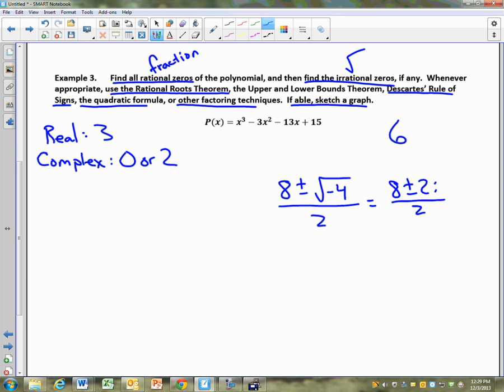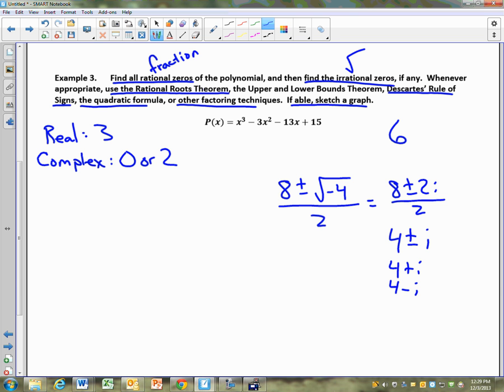You can divide both those by 2. 4 plus or minus i. So you have a solution of 4 plus i, and a solution of 4 minus i. See how it works on a quadratic formula that you have plus or minus? Therefore, that imaginary part, you'll always have a positive and a negative part of it. That's why you'll always get 2. Always come in pairs.